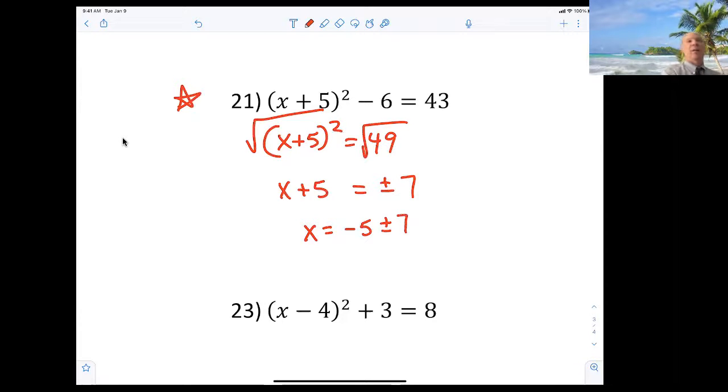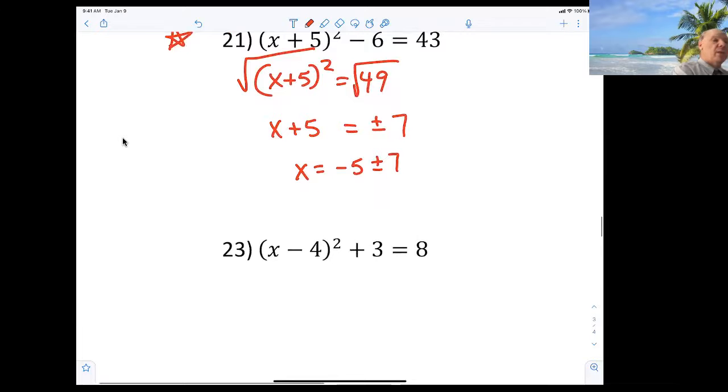Now we don't leave it like this, because what is negative 5 plus 7? 2. Or what's negative 5 minus 7? Negative 12. Again, this is something you need to look at, so everybody look up and make sure you're with me.